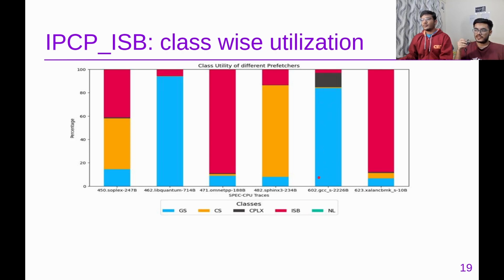Wherever ISB is good, like for Omnet PP and Xalan, and also for some part of Soplex, we get its speedup, and wherever IPCP is good, for libquantum and GCC, we get its part, also for Sphinx3. So we are able to get the best of both of these prefetchers.